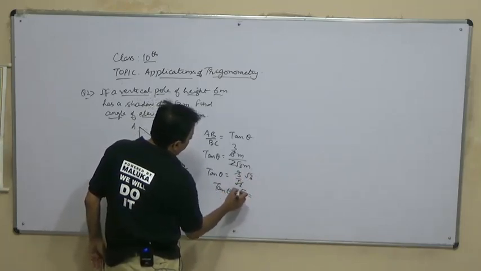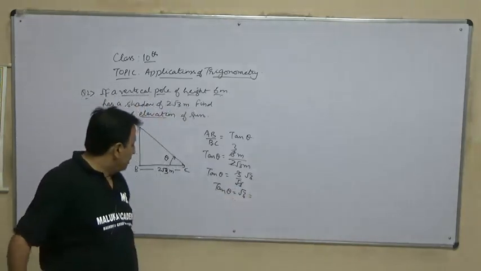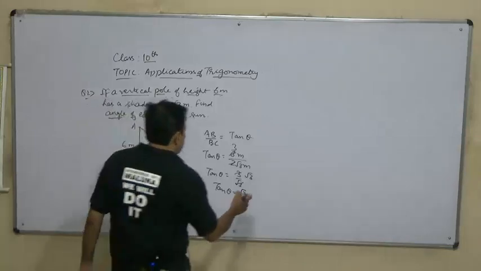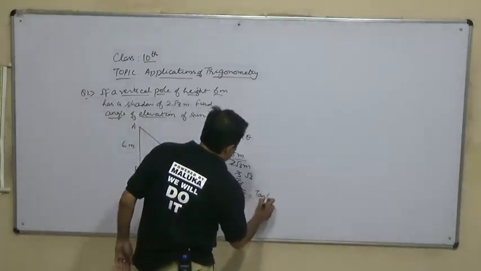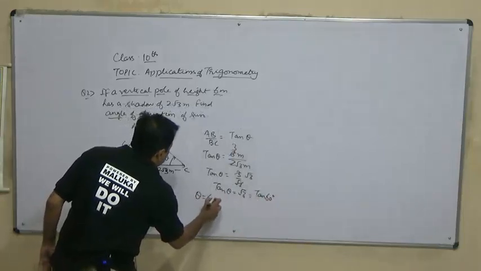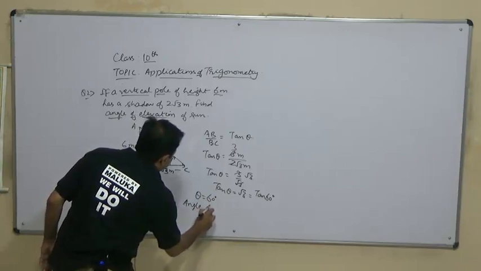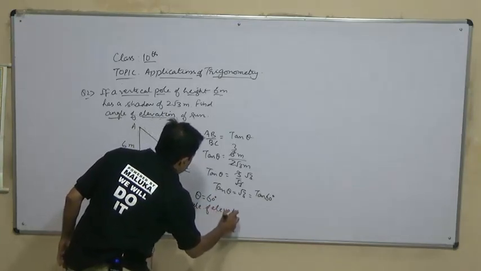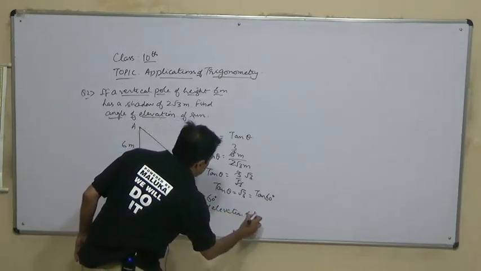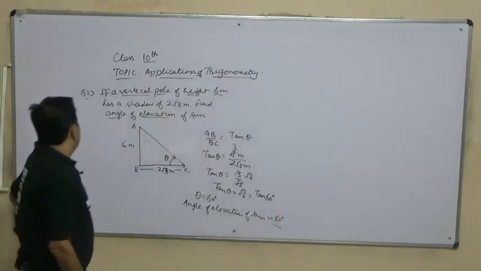And what is the value of theta for which tangent is under root 3? We know by standard values it is 60 degree. So theta is equal to 60 degree. The angle of elevation of the sun is 60 degree. So this we wanted to find.